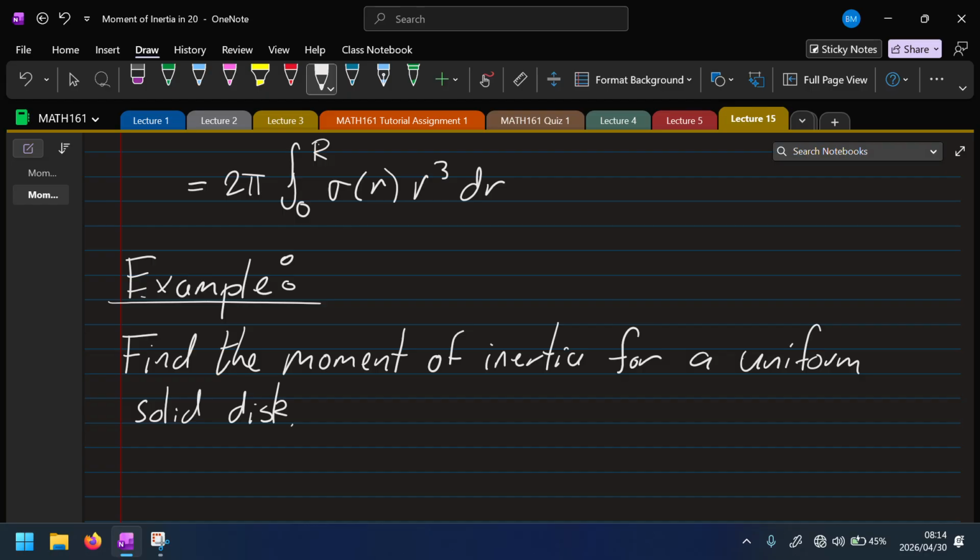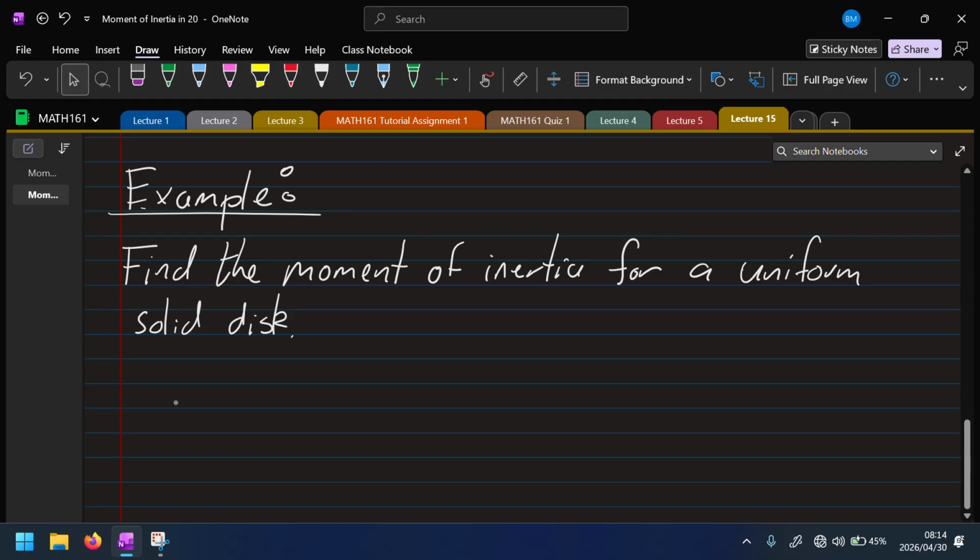We know it's a uniform solid disk. Whenever you see uniform, that means constant density. And it's a disk, so we've got our formula that we can use. So let's work this out. We integrate from the center of the disk to the outside of the disk, so from 0 to R.